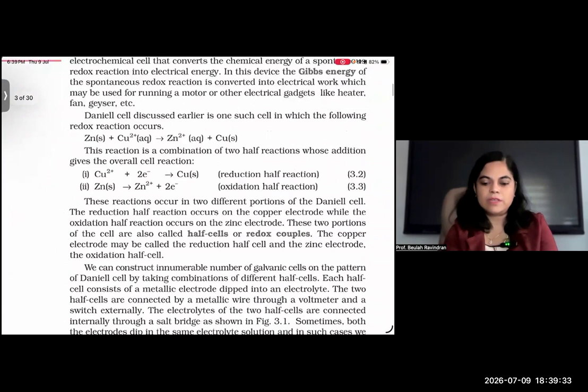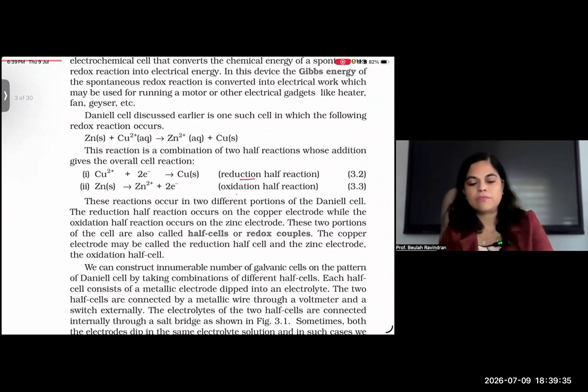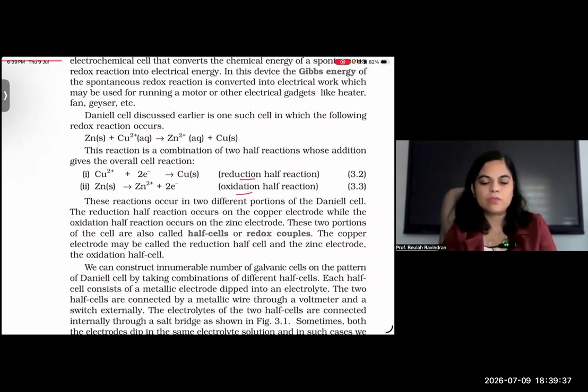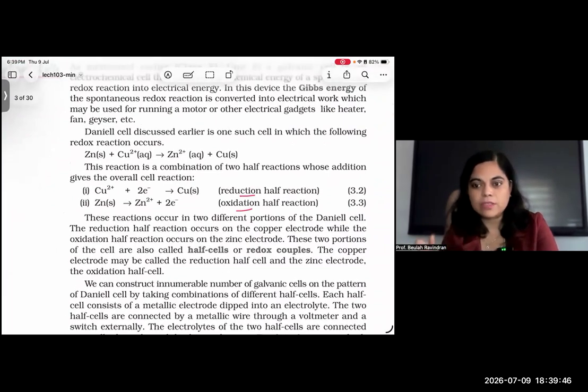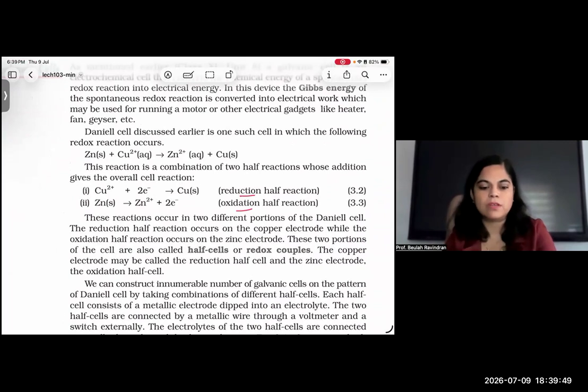You must know how to write the reduction half reaction and the oxidation half reaction. Everything you must know how to write. Right side is reduction, left side is oxidation. We always use the reduction as the reference reaction.